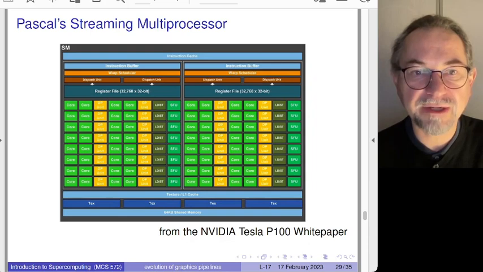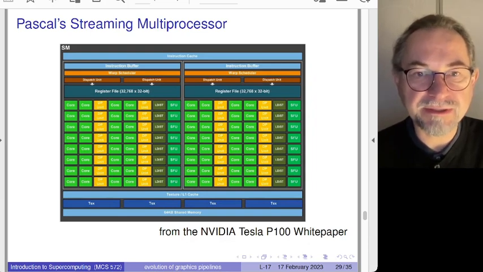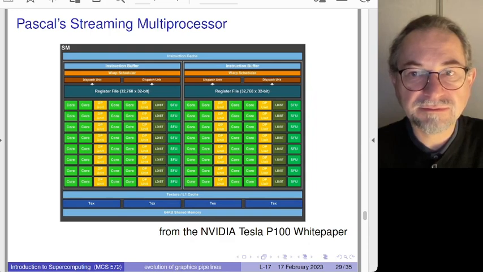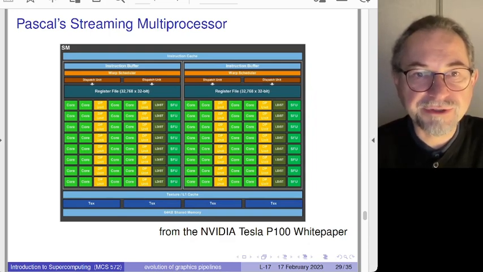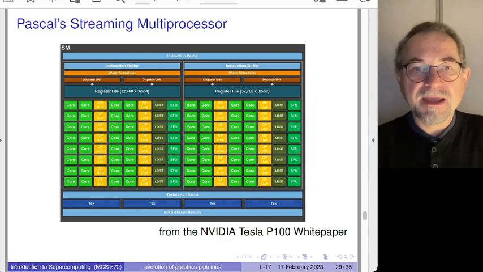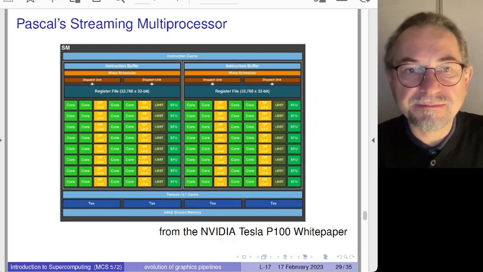They are publicly available from the NVIDIA website. This is a picture I took from it. Again, this is a very good picture of the streaming multiprocessor, and you can also see the parallelism that is in there.